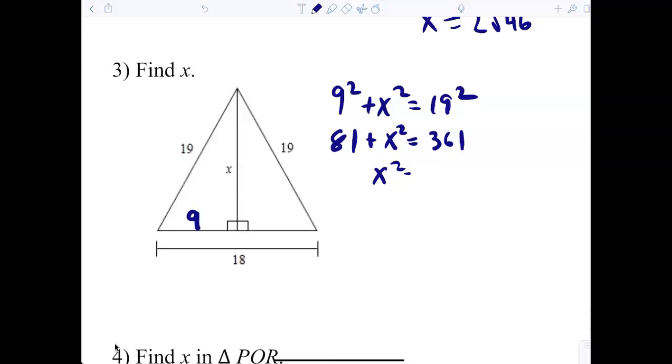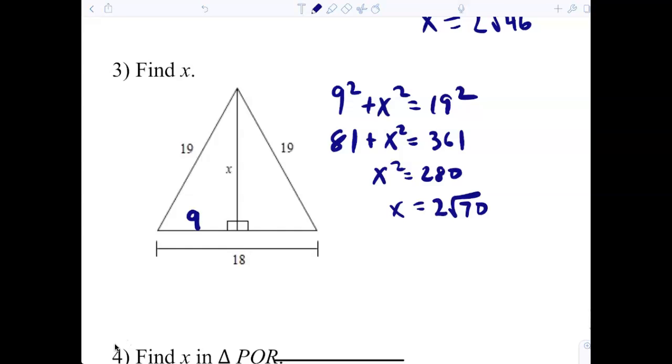Subtract: X squared equals 280. And now I'm thinking 4 times 70. So X is equal to 2 radical 70. Everybody okay with that?